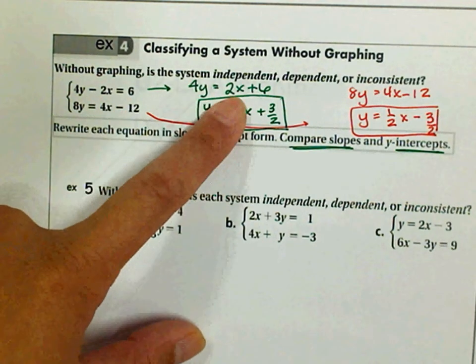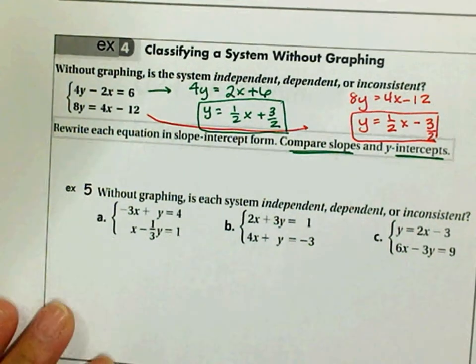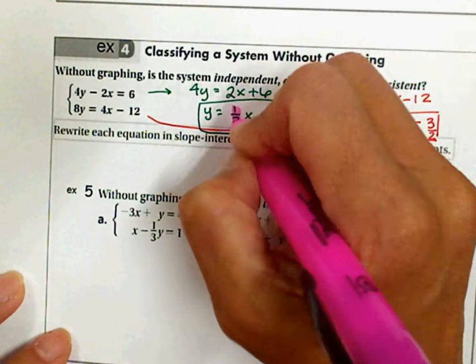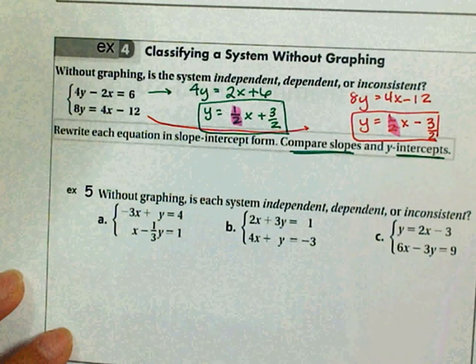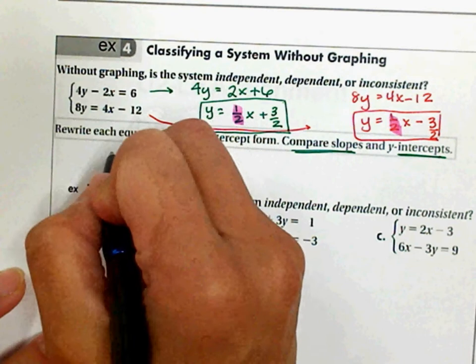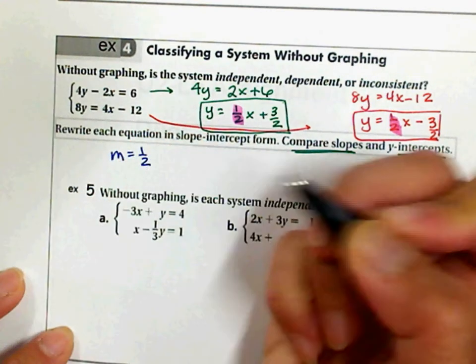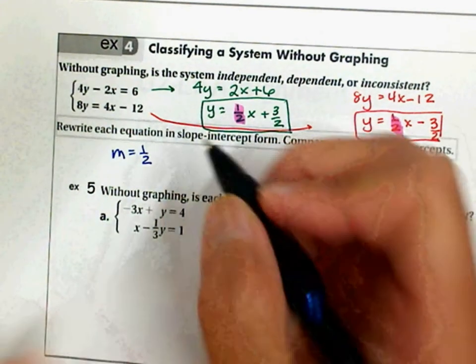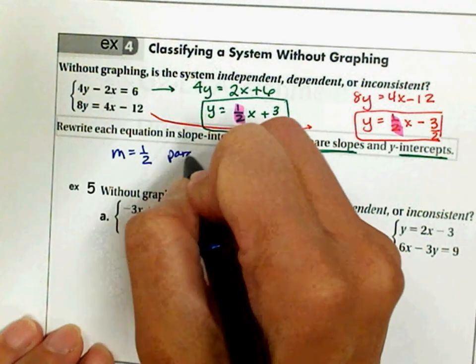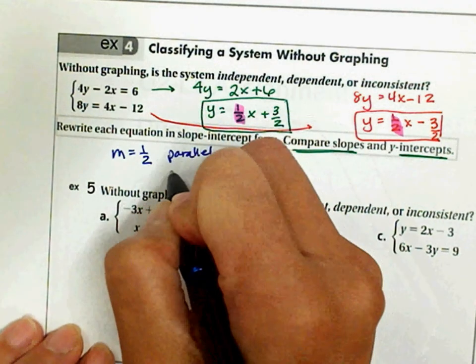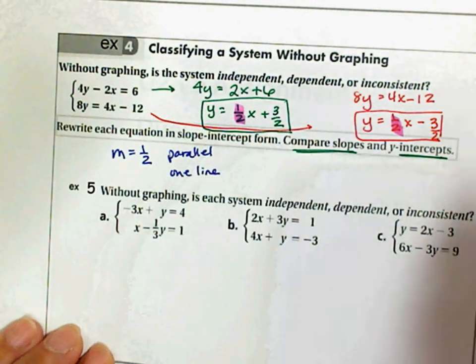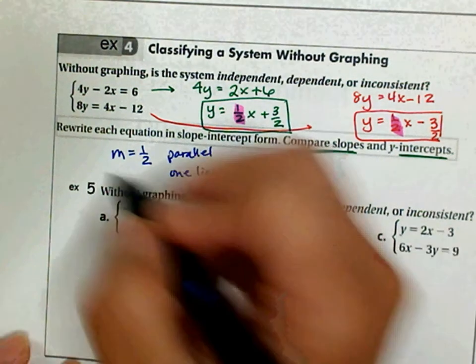Compare. What do you notice about the slope? Both slopes are 1/2. So what does that tell you? That right now it can either be parallel or it could be one line. Okay? Think about it. Let's take a look at your y-intercept.